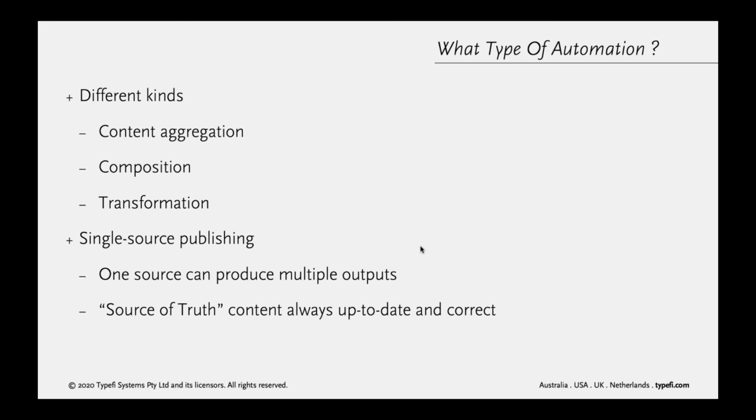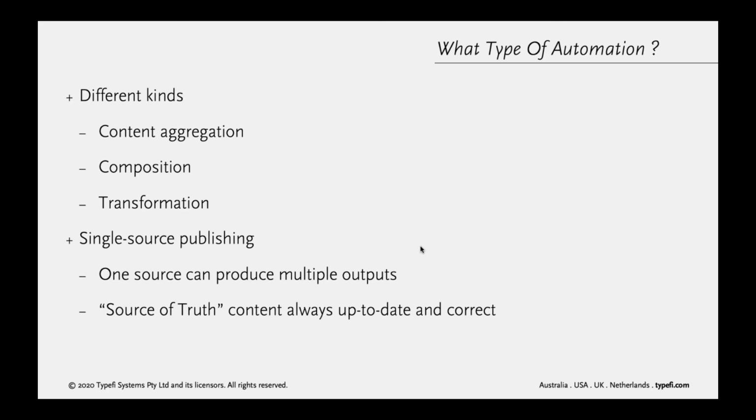Content aggregation is taking chunks of content and putting them together to make particular publications. Automated composition refers to actually automating the activity of laying out pages, whether for print or electronic delivery.